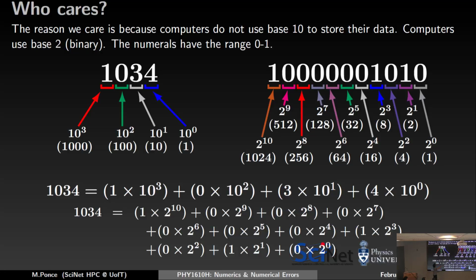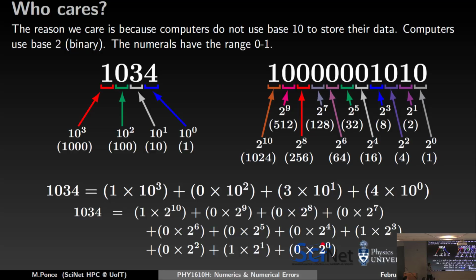So if I want to represent this number in base 2 in floating point representation, it will be 1 point, then whatever comes after, all times 2 to the power of 10. So it's like having a decimal point for the binary representation.